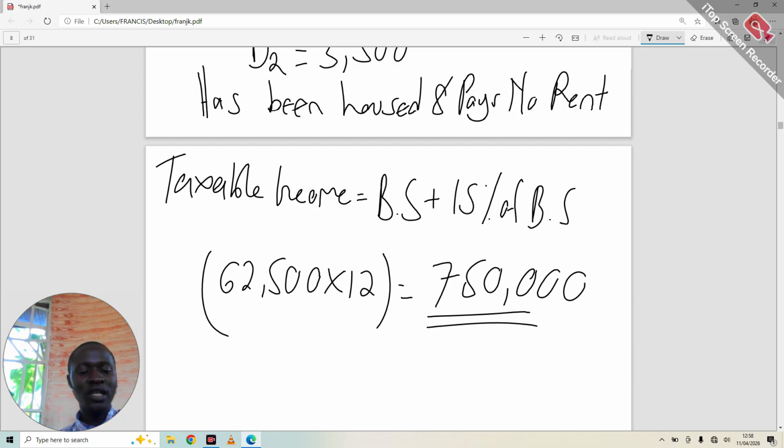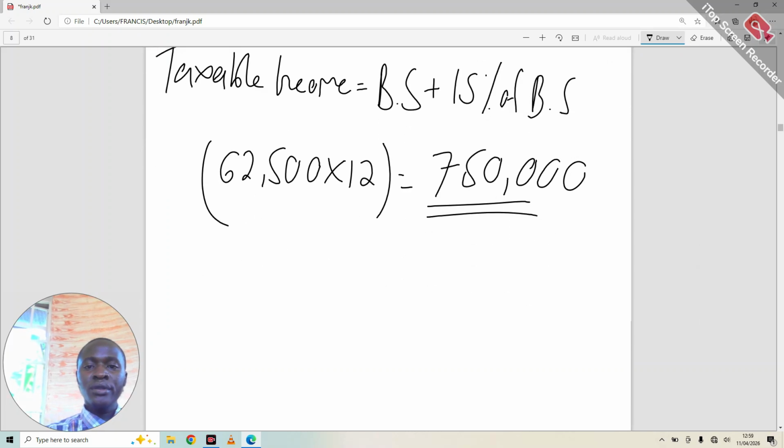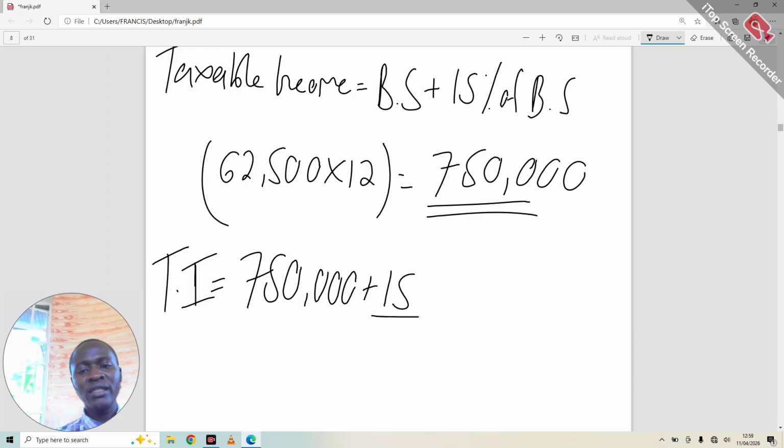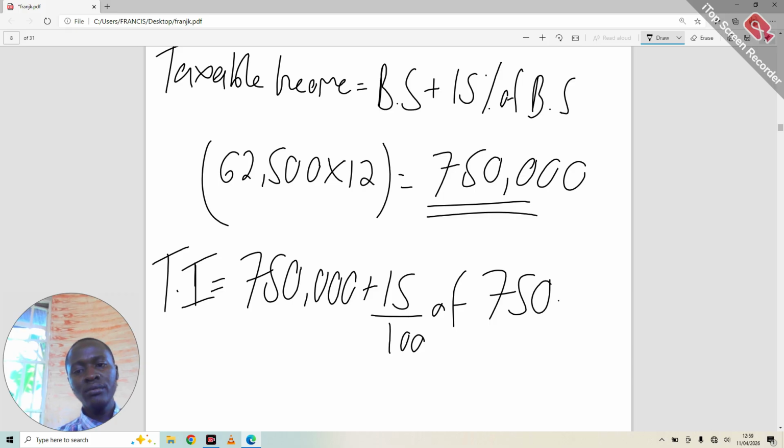So this is the amount we shall use, because whatever we'll be using in the particular table is provided in annual rate. So having 750,000, we can now get our taxable income. We have 750,000 add 15% of basic salary, which is 750,000.